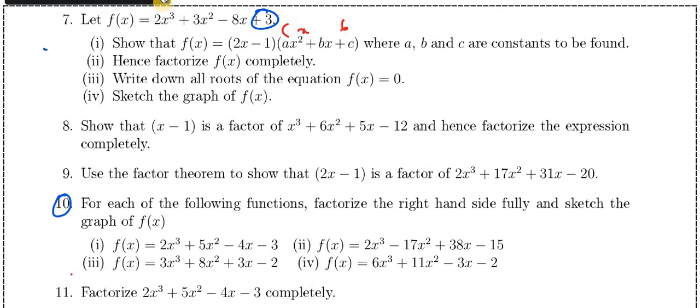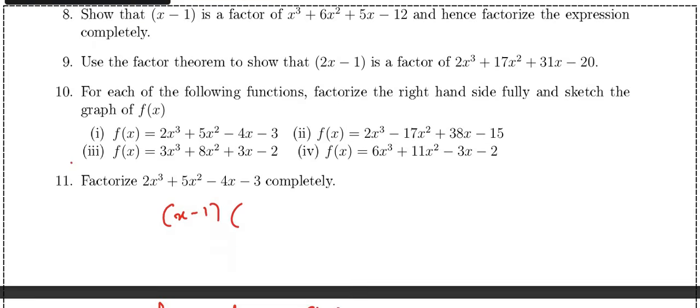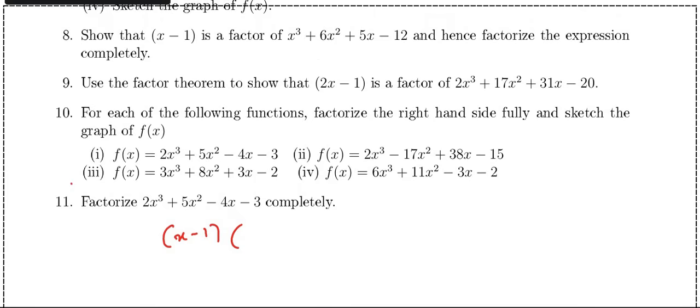Hope this is okay, because we're just repeating principles now. So if we proceed to number 8, 8 is the same thing as number 6. They're saying show that this is a factor. How do we show something is a factor? The remainder has to be 0, right? You can just solve this. x is equal to 1. Plug in the 1 there. Then you have 6, you have 5, and minus 12. This whole thing becomes 0.